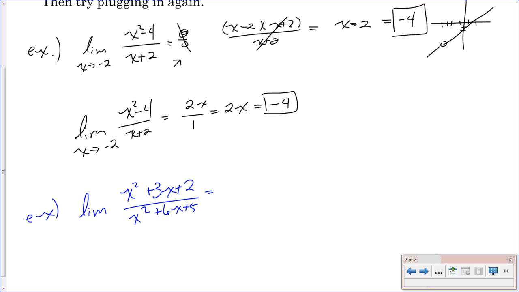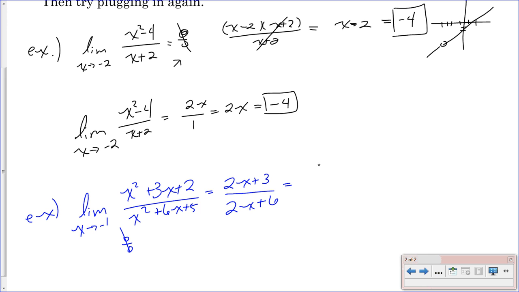As x approaches negative 1, if we plug in negative 1, and you can do this yourself if you want, we do in fact get 0 over 0, which we can't have. So now what we want to do is take the derivative of the top and the derivative of the bottom separately. So this would be 2x plus 3 over 2x plus 6.